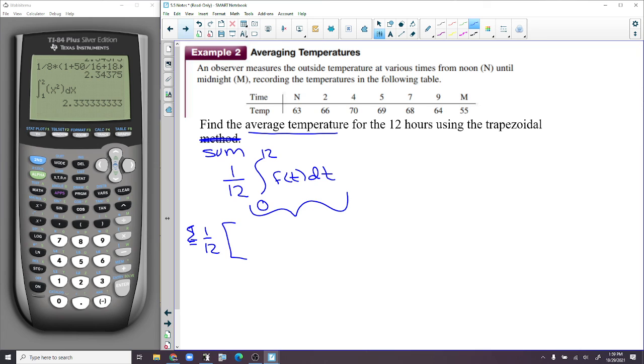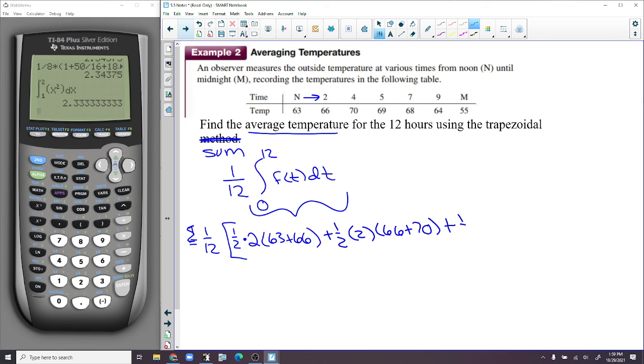It is 1/2 times. Well, the height from noon to 2 is 2, and then we do 63 plus 66. So there's the first trapezoid. Now we can't do the method because noon to 2 is 2 hours, 2 to 4 is 2 hours, but 4 to 5 is 1 hour. So this becomes very tedious. But then 2 to 4 is 2, and we use 66 plus 70.